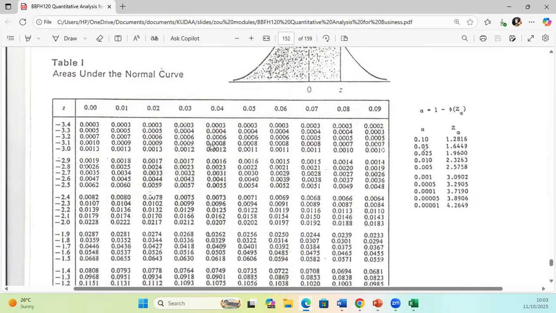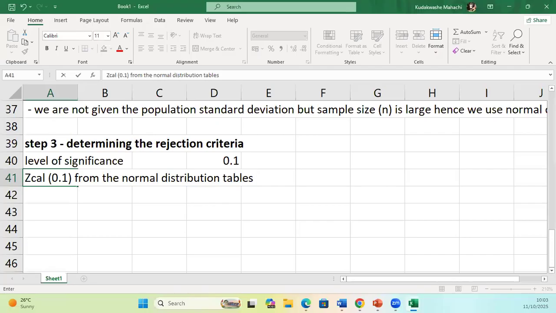The Z alpha values are here. We want 0.1, 10%. If we want 10%, we take 10% here: 1.2816. So Z alpha is 1.2816.